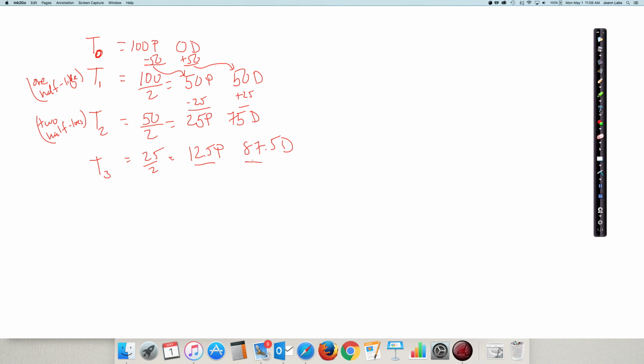So in general, the questions would be like, if you have 25% parent isotope remaining and a half-life of 100 years, what is the age of the rock?